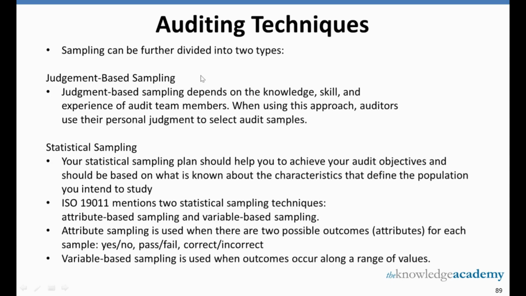Sampling can be further divided into two types: judgment based sampling and statistical sampling. In judgment based sampling, it depends on the knowledge, skill, and experience of audit team members. When using this approach, auditors use their personal judgment to select audit samples.